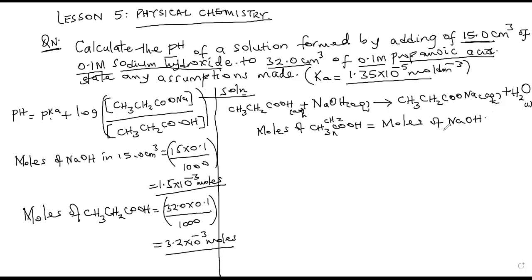All right. What does it imply? Moles of propanoic acid are equal to moles of sodium hydroxide, which are equal to moles of sodium propanoate. I guess we are seeing this.